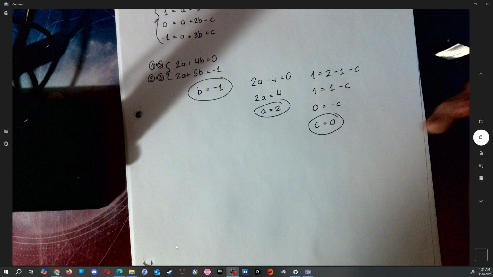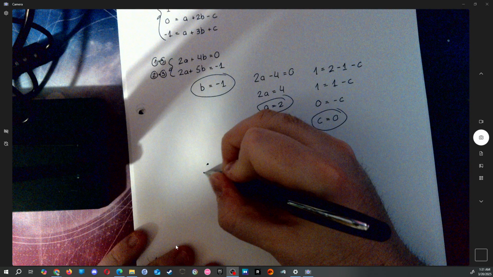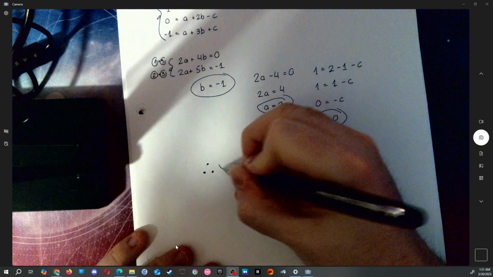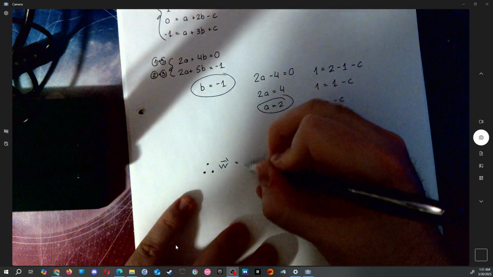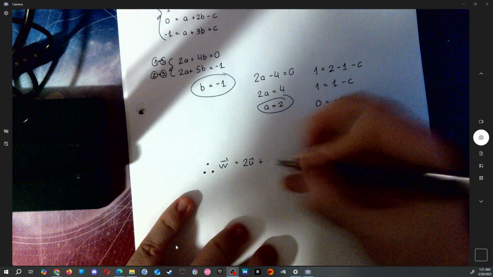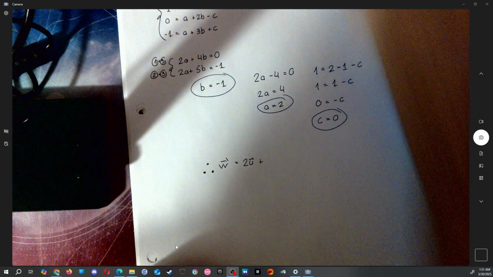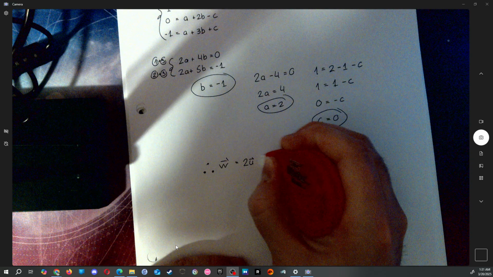So now we have our three answers. Just don't forget your final statement. Therefore, vector w will be equal to my a value of 2u, minus v, because my b value is negative. My apologies.